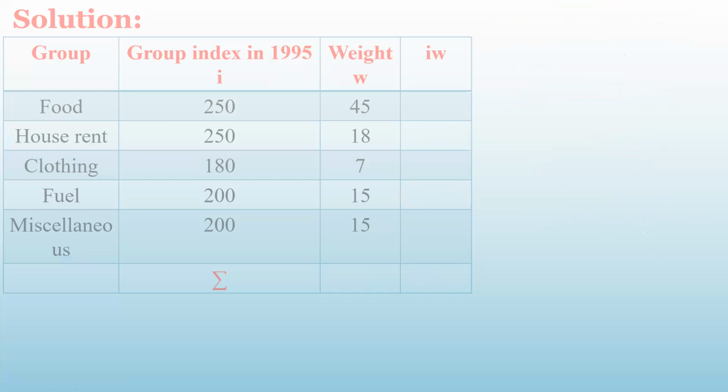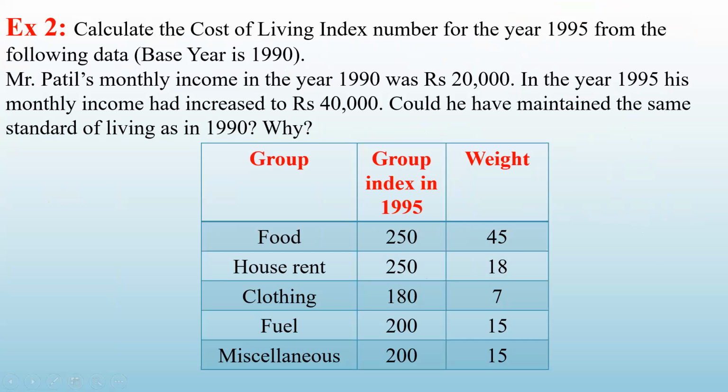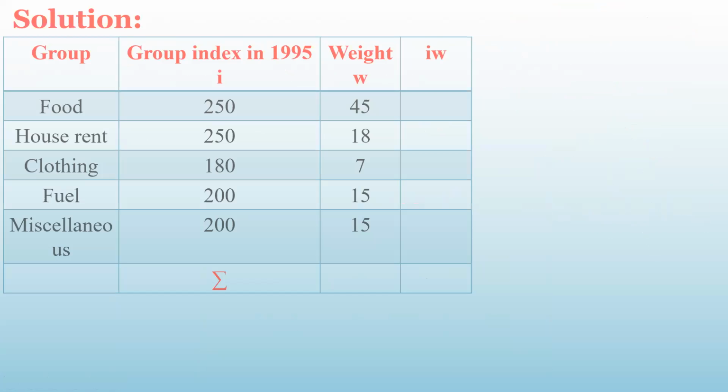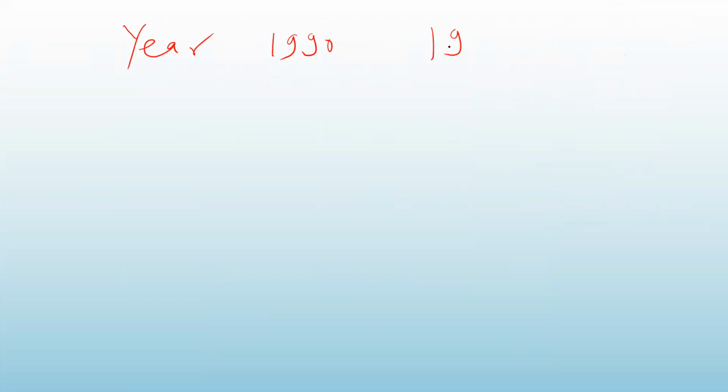Let us write it down now. There were 2 years. What is the base year here? 1990. And the current year is 1995. What is the index number?